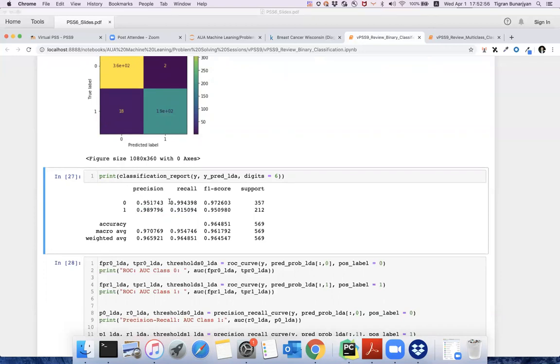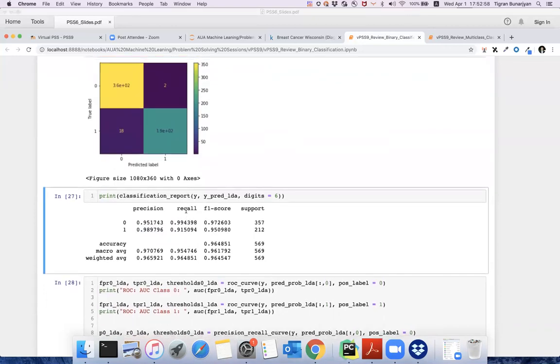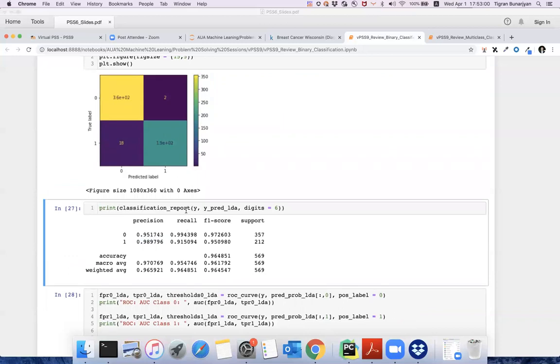So different classification algorithms use different approaches, and this is pretty normal because sometimes one model works better than the other one, and there are different explanations for that.